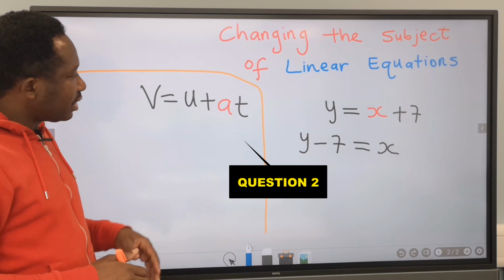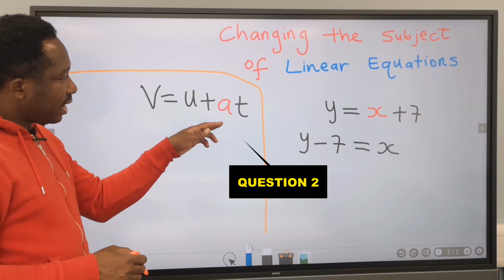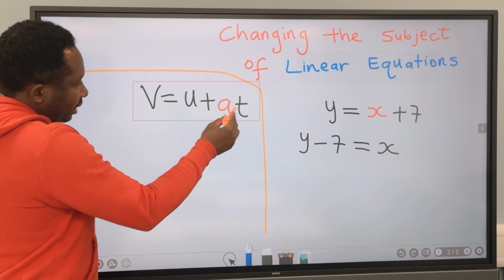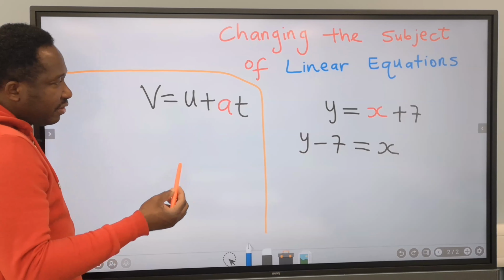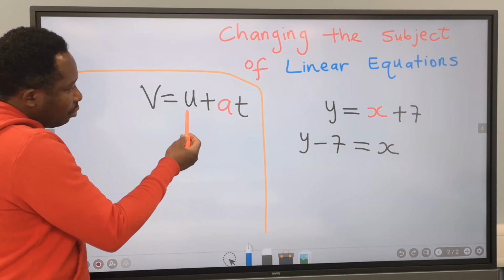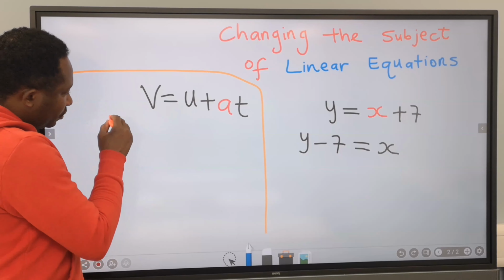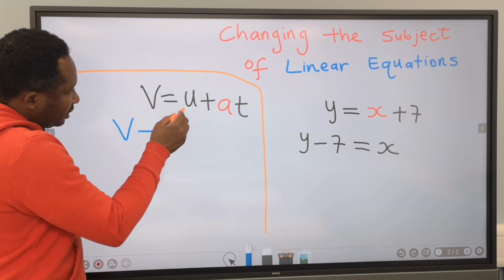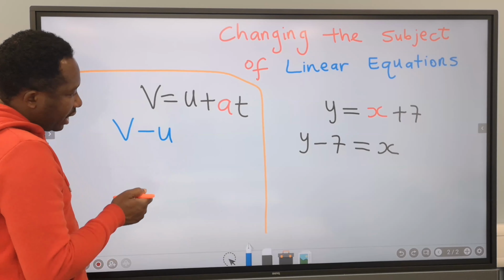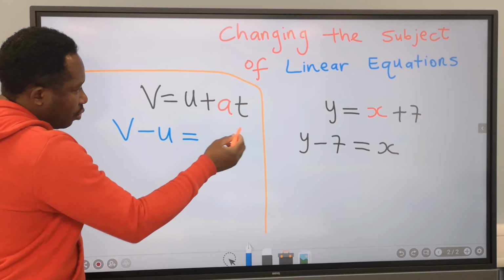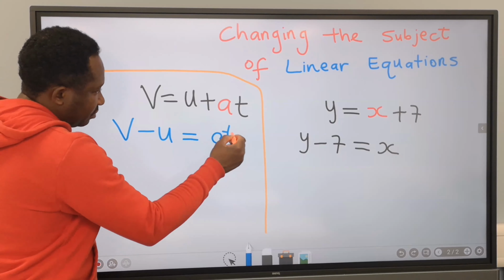In this linear equation, let's make A the subject. To make A the subject, the first step is to move this u across the equal sign, and on this side u becomes a minus, and this is the equal sign, and we are left with a t.